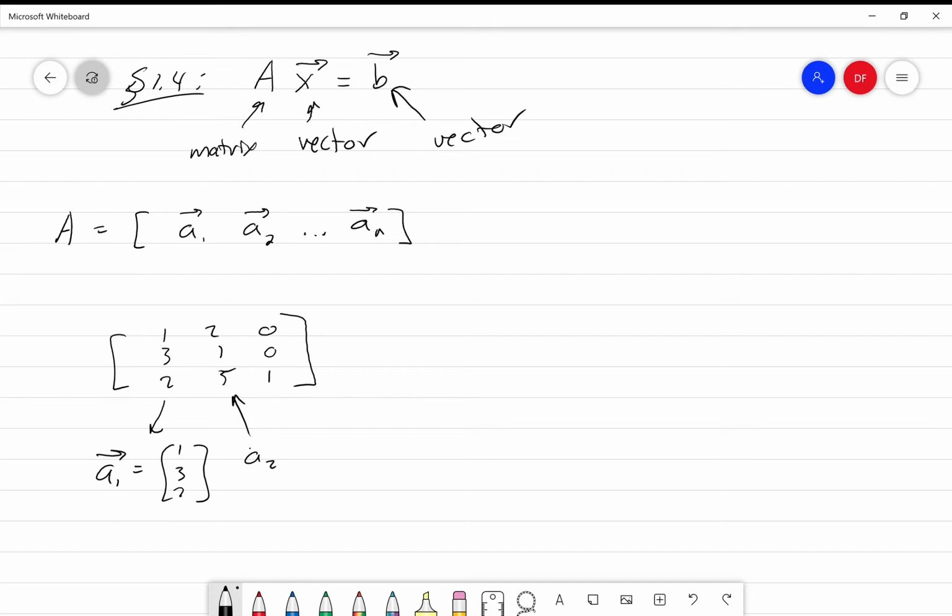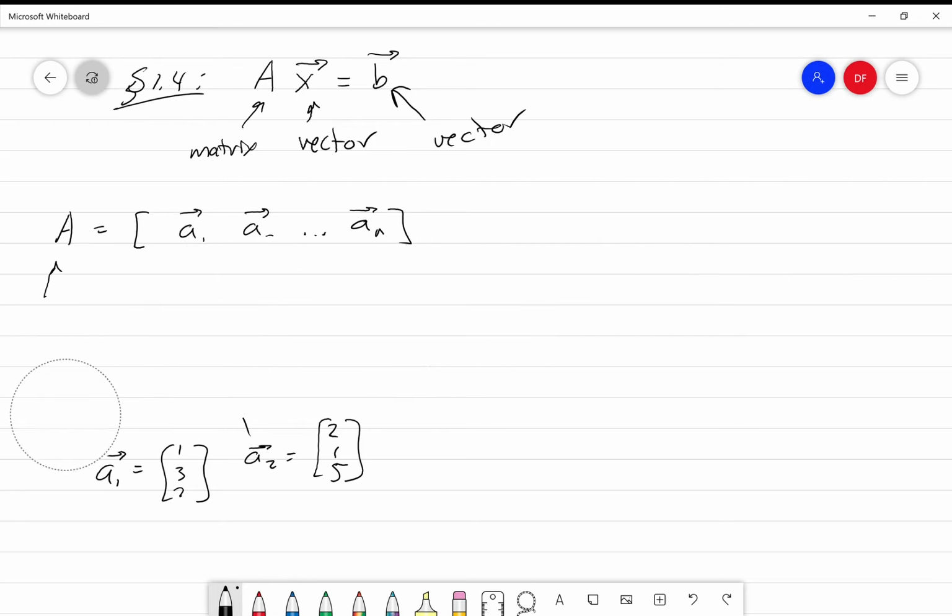A2 would be this column vector 2, 1, 5. And A3 would be the column vector 0, 0, 1. Okay, so this is just notation. It's how we represent a matrix using column vectors.